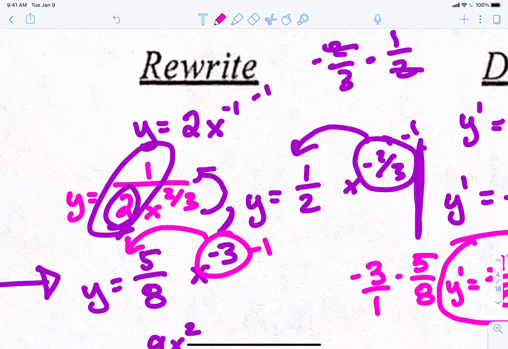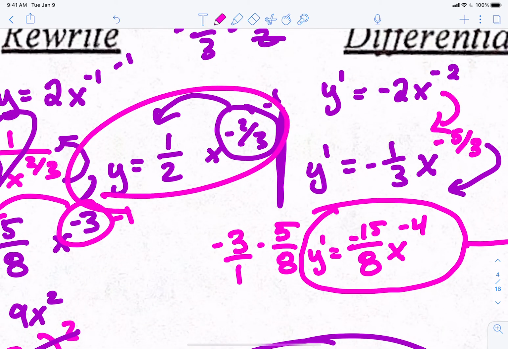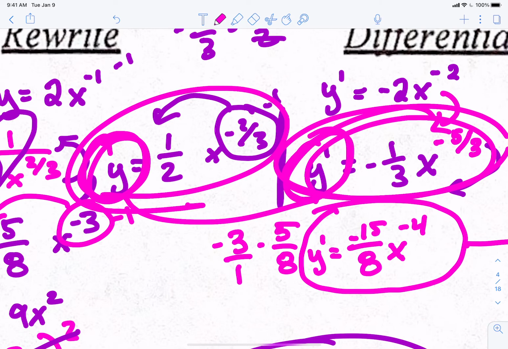So it's helpful to use that notation because at this point I'm like, have I taken the derivative yet? Well, no, I haven't because it's still y. Versus here in this step, have I taken the derivative? Yes, because now I've called it y prime. So that is why I would always encourage you to rewrite it and put it in that notation.